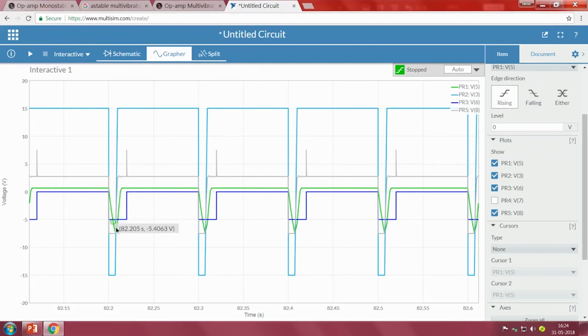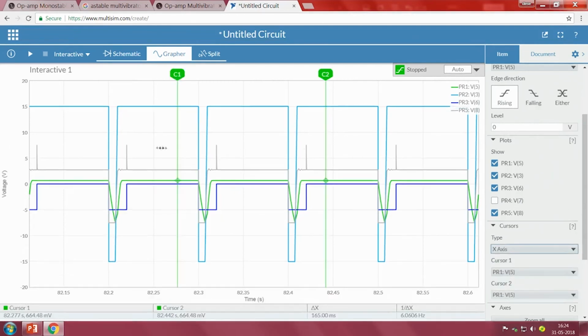Now since the threshold value is 7.5, when you observe that minus 7.5, whenever the VA value reaches below minus 7.5, that is our lower threshold value, then it makes the output go to plus VCC, that is what we can see, right. So when you observe this value, we can take the x axis cursor and see the time duration, and calculate based upon that.